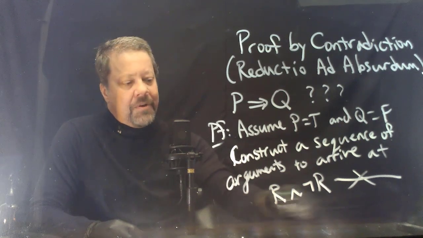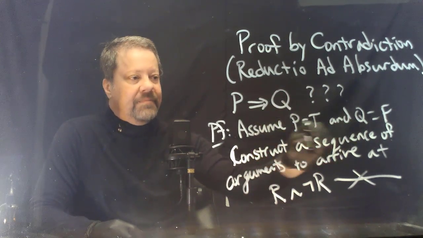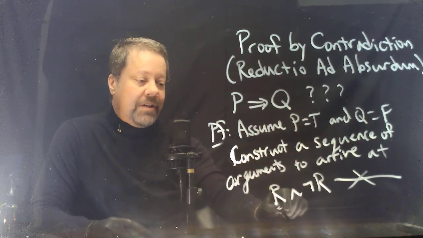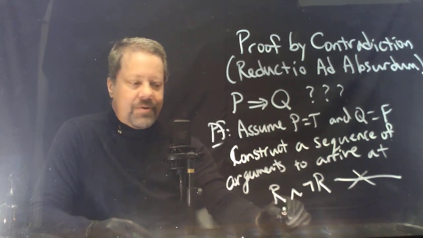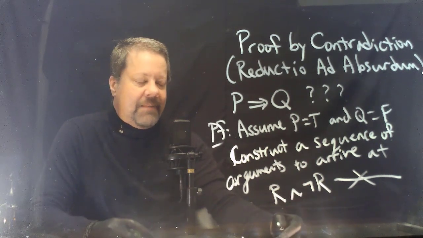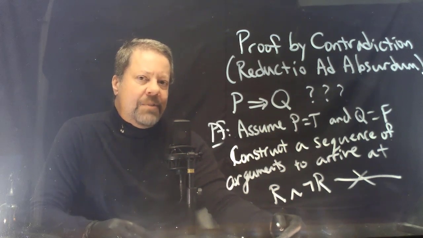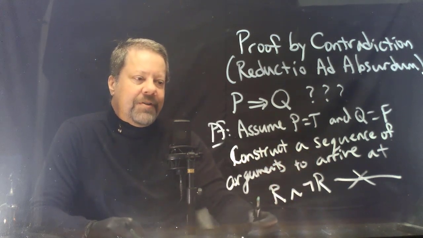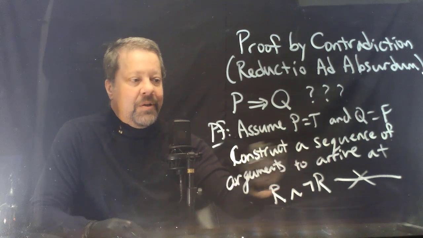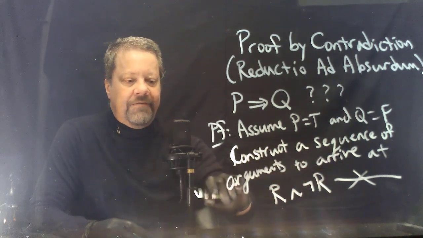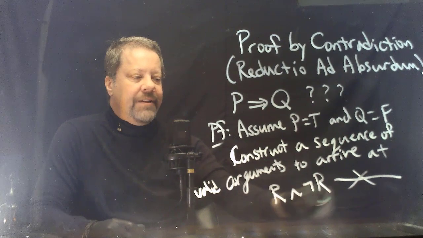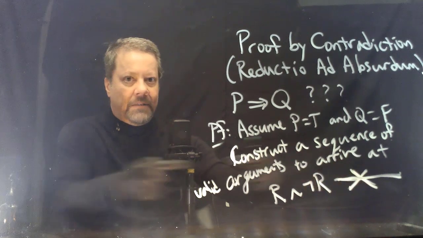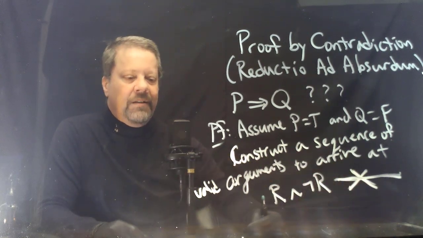Whenever you use this method, assume that the hypothesis is true and the conclusion is false. You can construct a sequence of arguments to arrive at some statement that is true and it is not true at the same time. That means that you've made an assumption that is bad. Somewhere along the line before that, you had to have made some false statement. But we are assuming that we're using a sequence of valid arguments to arrive at this contradiction. By the way, the contradiction symbol is two arrows colliding like that here.